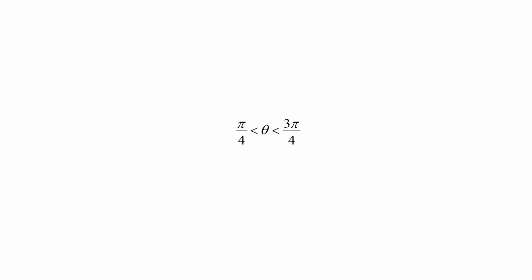When pi/4 < theta < 3pi/4, we have pi/2 < 2 theta < 3pi/2, and then the value of cos 2 theta is negative. Thus, when pi/4 < theta < 3pi/4, the equation r squared = a squared cos 2 theta is meaningless, as the left hand side is always non-negative.